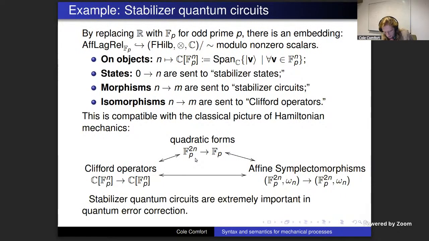And yeah, this was my original motivation for studying this stuff, because stabilizer circuits are a very, very important class of circuits in quantum information. In particular, basically all of quantum error correction involves using stabilizer circuits to correct against errors. And basically the point is that they're using symplectic geometry.